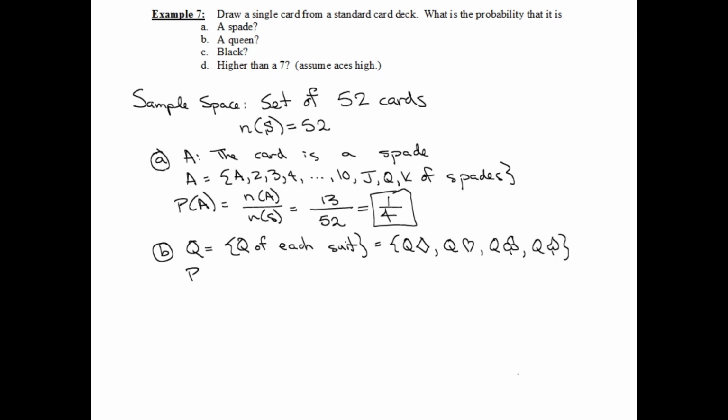Okay, so the probability of getting a queen will be the number of queens divided by the total number of cards that are in our sample space. So that gives me 4 out of 52. Reduce this to 1/13. So since each suit has 13 cards, 1 out of every 13 is a queen. Again, that answer seems reasonable to me. Okay, let's let B be the set of black cards.